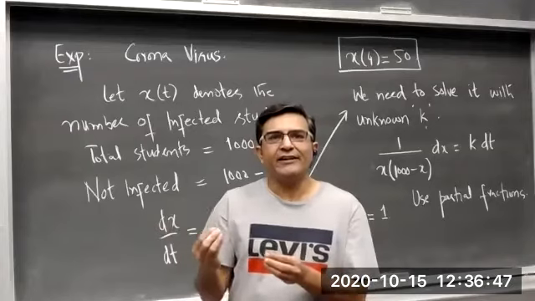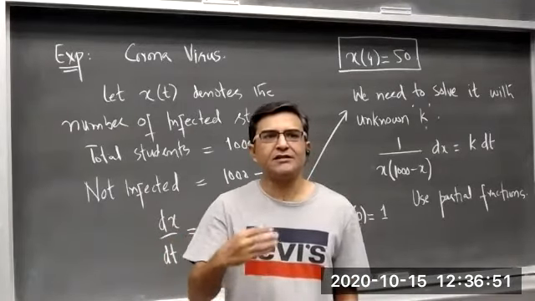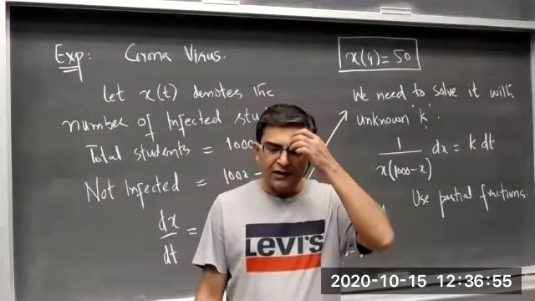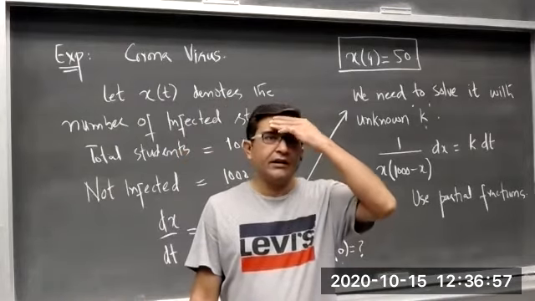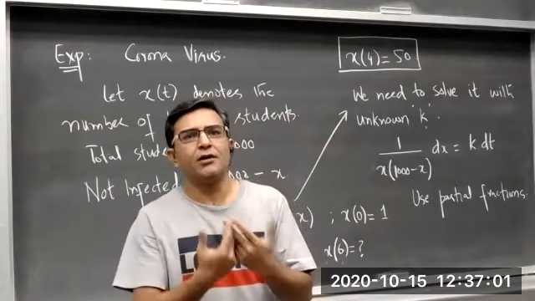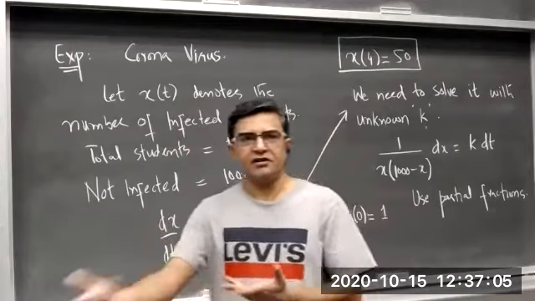So that infected student who came back to the campus started infecting other students. Okay. So now what we are interested in is computing the number of infected students after certain days.